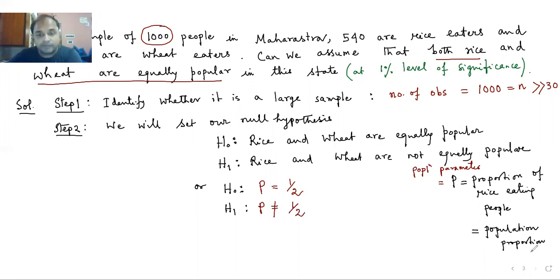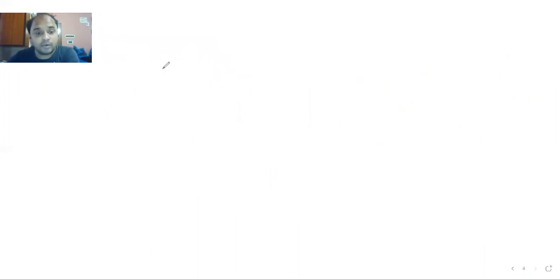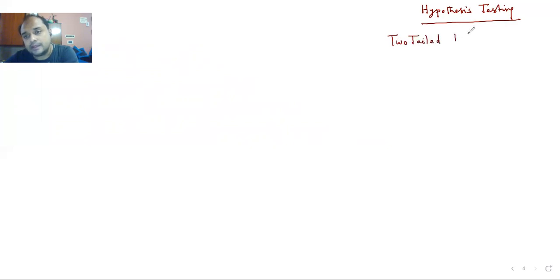Okay. Now, before I proceed to the problem, I have to talk about something which hasn't been discussed in the previous class. In hypothesis testing, there are actually 2 types of test. In every hypothesis testing, there are 2 types of test. One is called two-tailed test, and another is called one-tailed test.